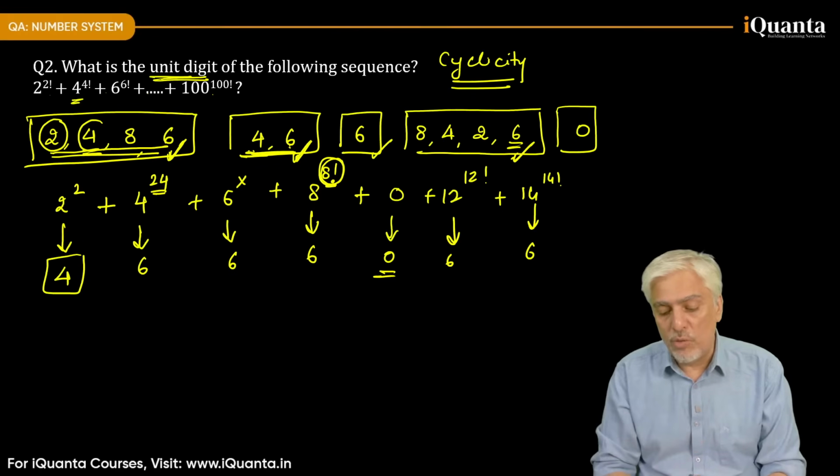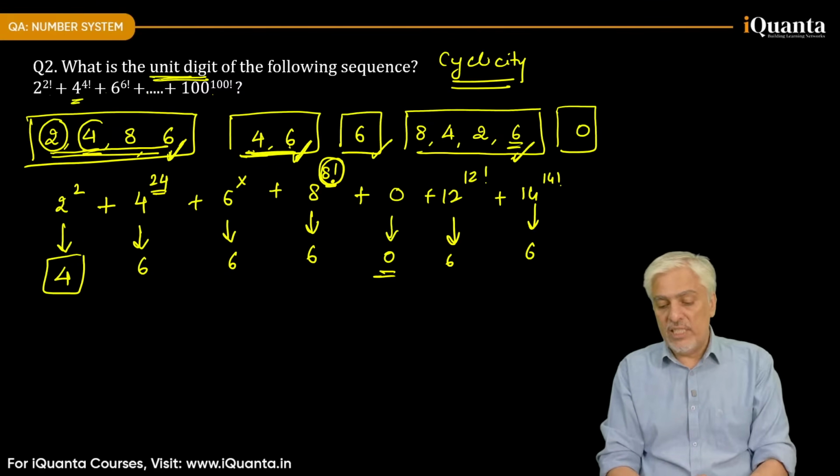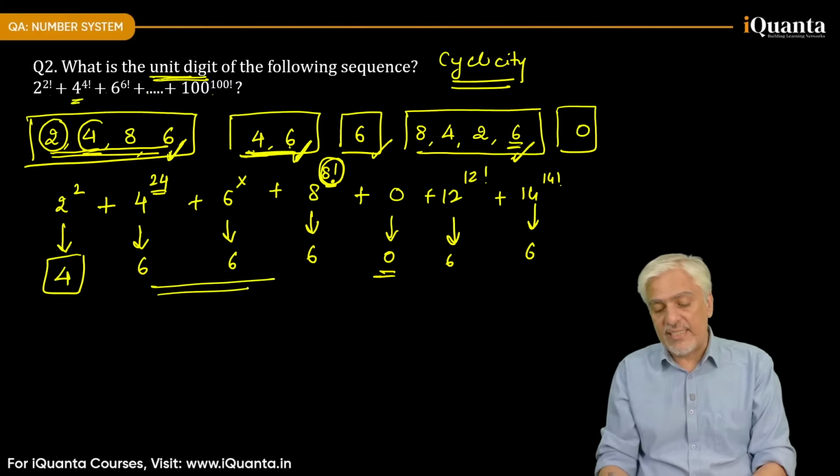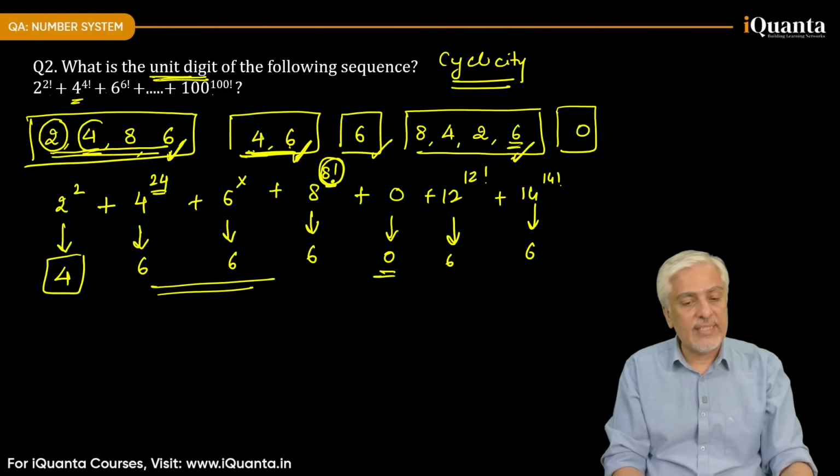So I don't have to think about them. We have to worry only about the others. So there are 40 numbers I have to worry about, out of which 39 of them will end in 6.